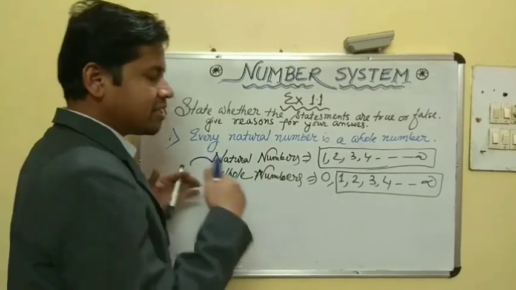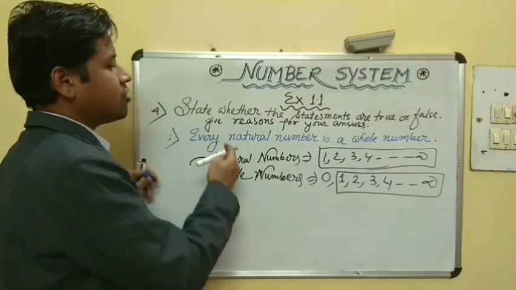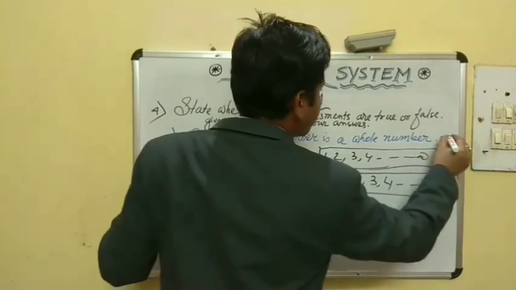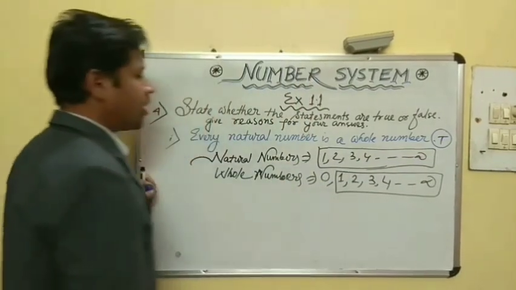And that's why we can say that every natural number is a whole number. That means the statement is true. Why?